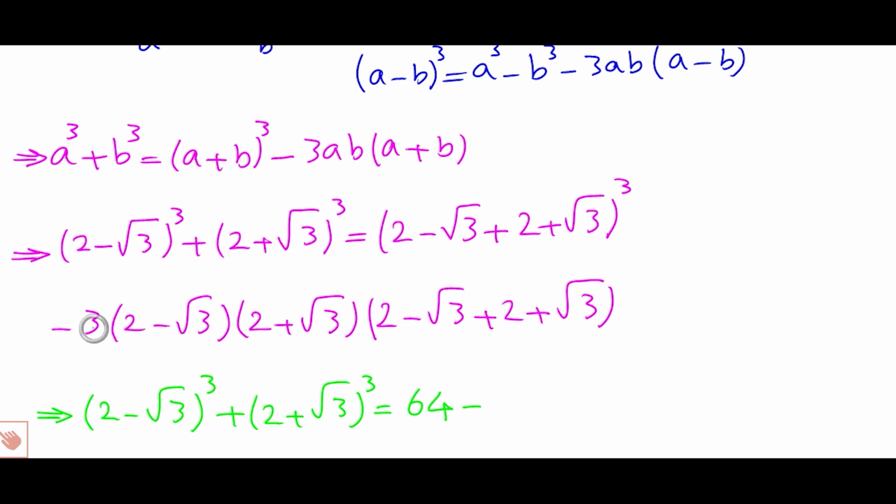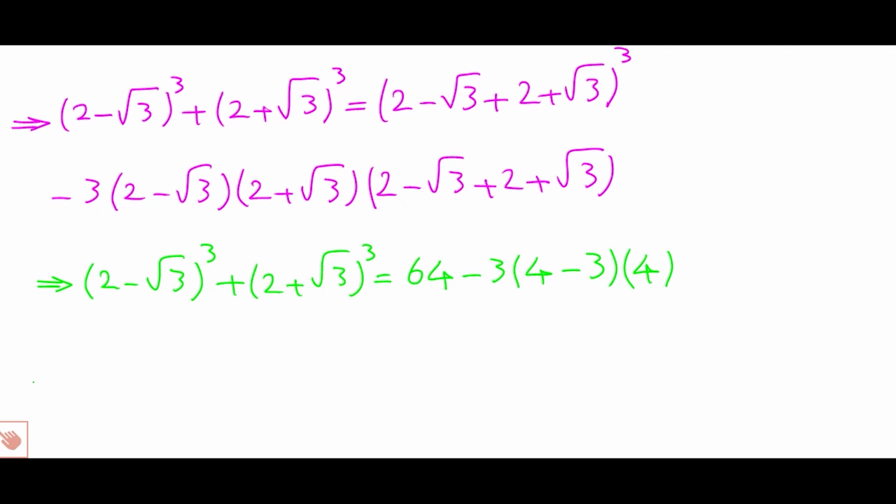So we have 3 times 2 squared minus root of 3 squared, which is 1, times 4, since minus root of 3 plus root of 3 cancels and we have 4.